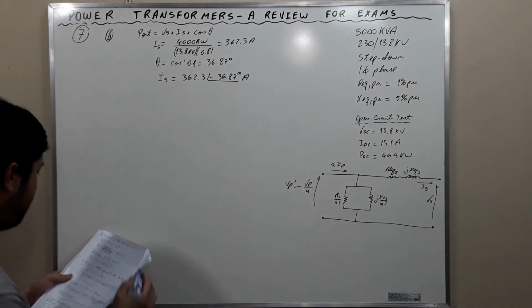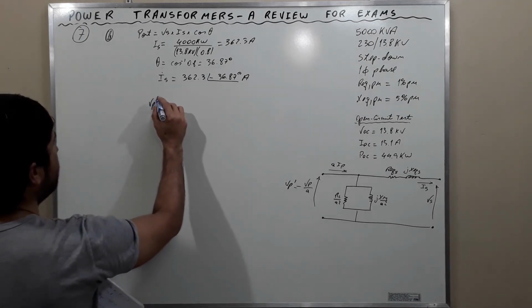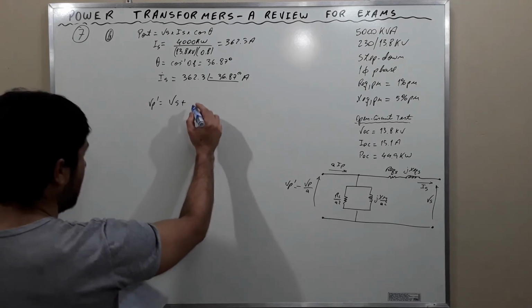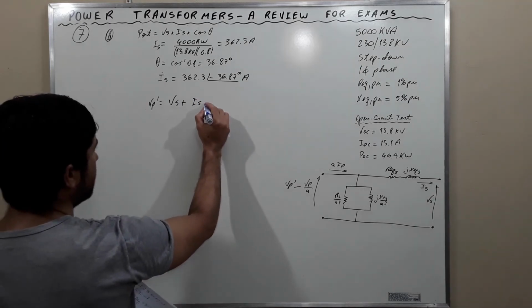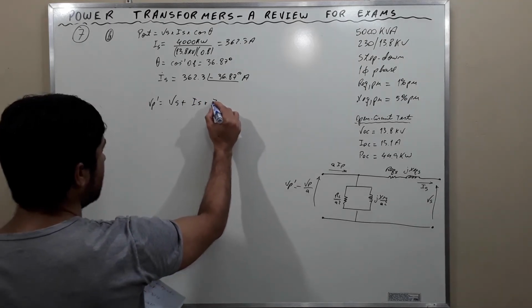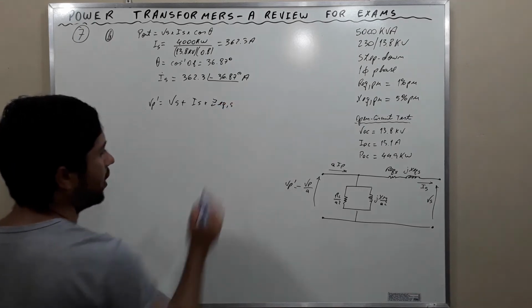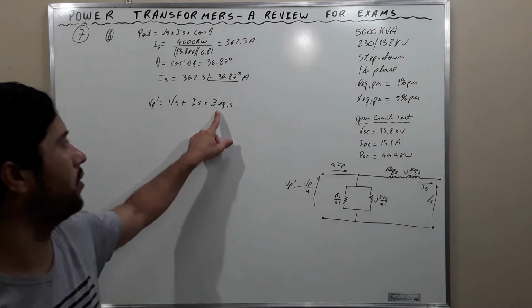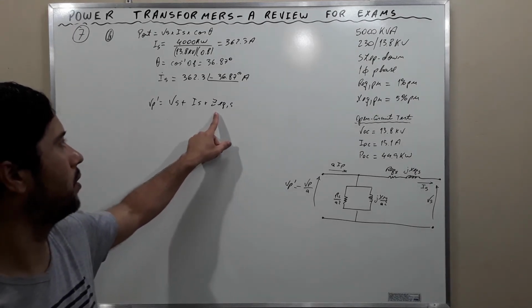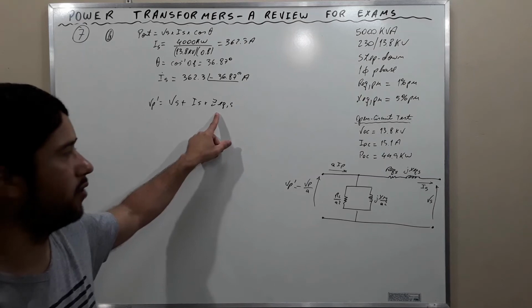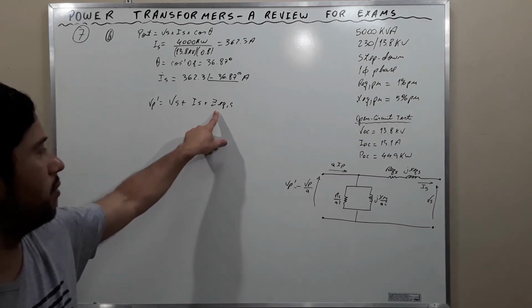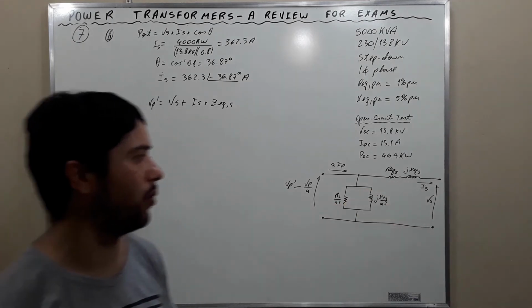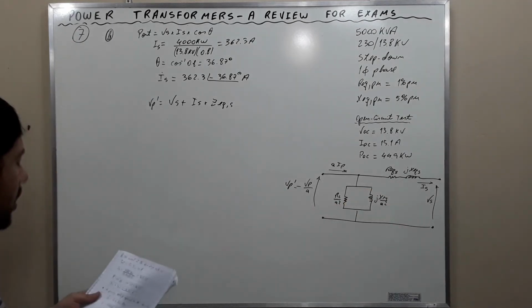All right, Vp prime is equal to Vs plus Is times the equivalent impedance referred to the secondary side. Sorry, I said reactance. The equivalent impedance is the equivalent resistance plus the equivalent reactance.